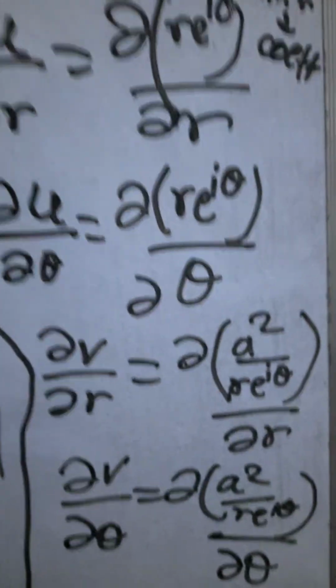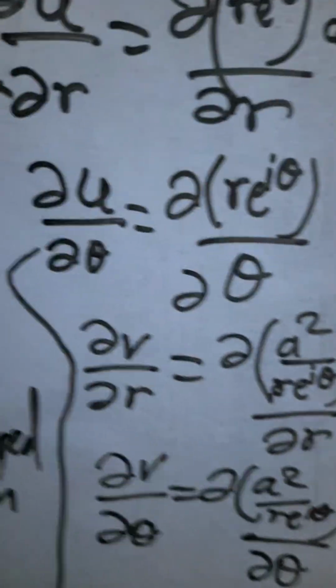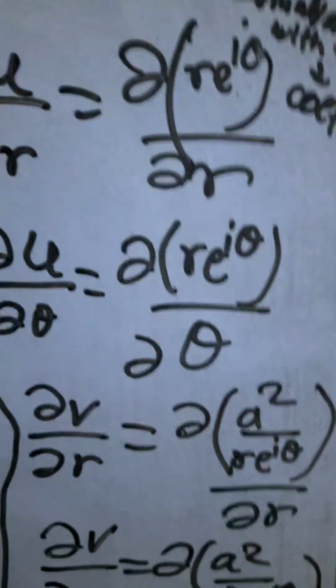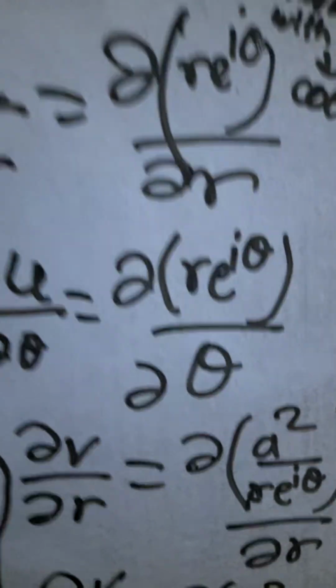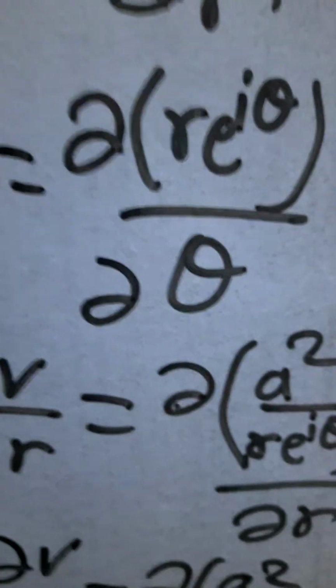It is going to be differentiated. r is different from theta, so it is either taken as constant or coefficient, right? Is it alone? No, it is not alone. So it won't be a constant. So it would be a coefficient because it is multiplied or divided with theta. It is multiplied with e raised to i theta, the theta term. So it would be considered as a coefficient.